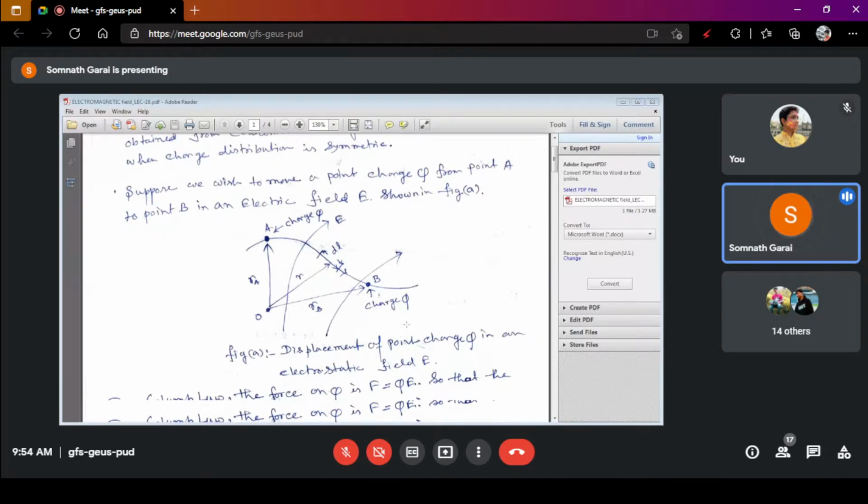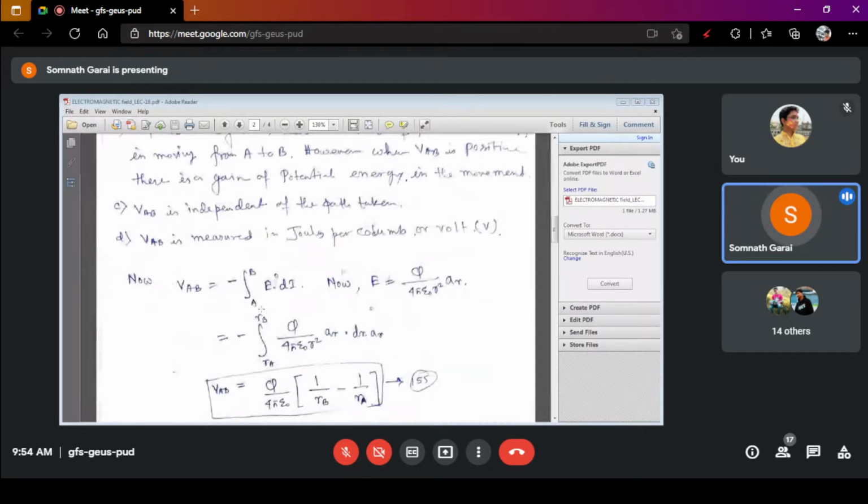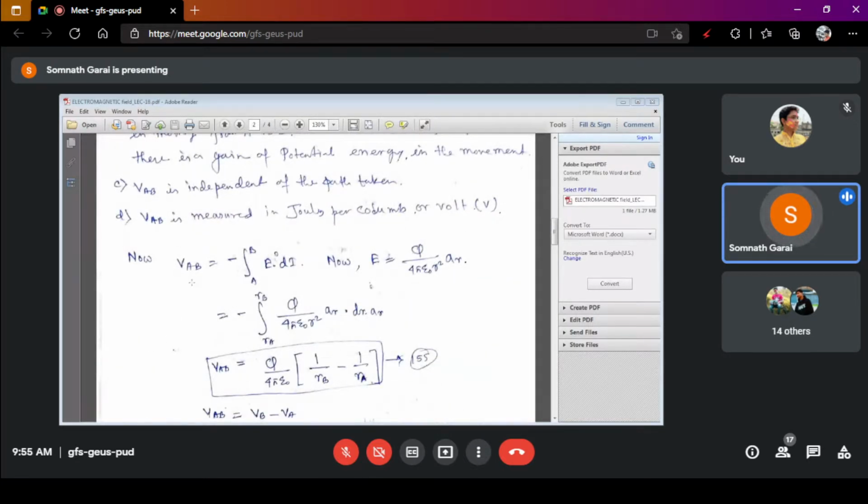That's why this equation becomes VAB equals minus the integration from small rA to small rB of Q divided by 4 pi epsilon naught R square aR dot dr aR.